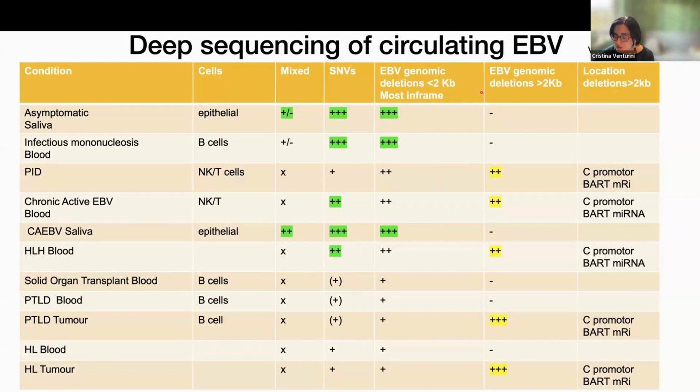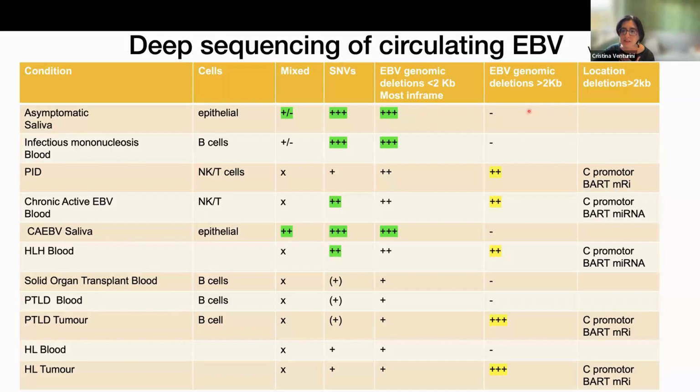We then looked at the deletions and we split them into smaller deletions in the EBV, or EBV deletions that are quite big, so these are over 2 kb. And what we see is that the smaller deletions are quite common in all samples, both in the healthy and in the non-healthy.